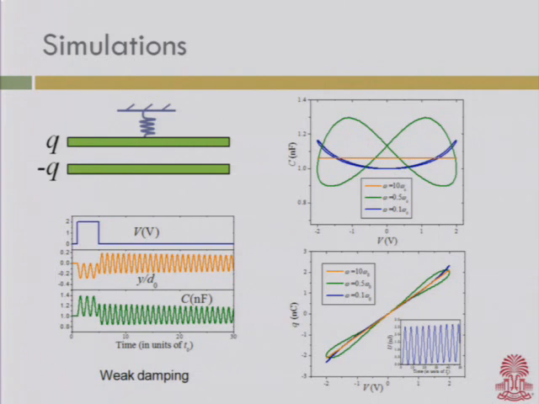At high frequencies the system behaves like a linear capacitor, and at low frequencies it behaves like a nonlinear capacitor. And if I apply a voltage pulse to the system, and after that the voltage is zero, so I remove all the charge, there are oscillations which are retained in the system, and these oscillations actually keep a memory about the past.